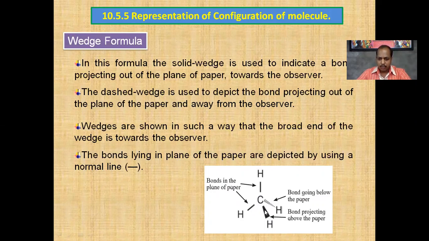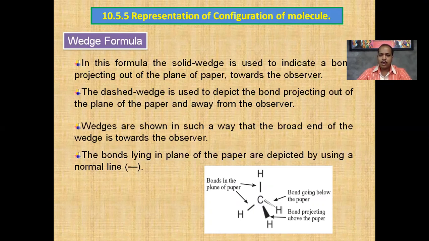Here you can observe this is broad, this is short, this is broad and this is short. So care should be taken that the broad end of the wedge is towards the observer. And the bonds which are lying on the plane of paper are shown by only a single line.